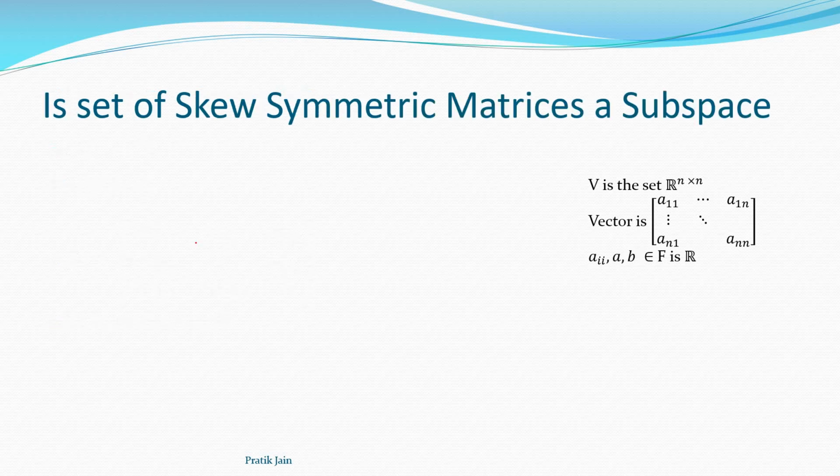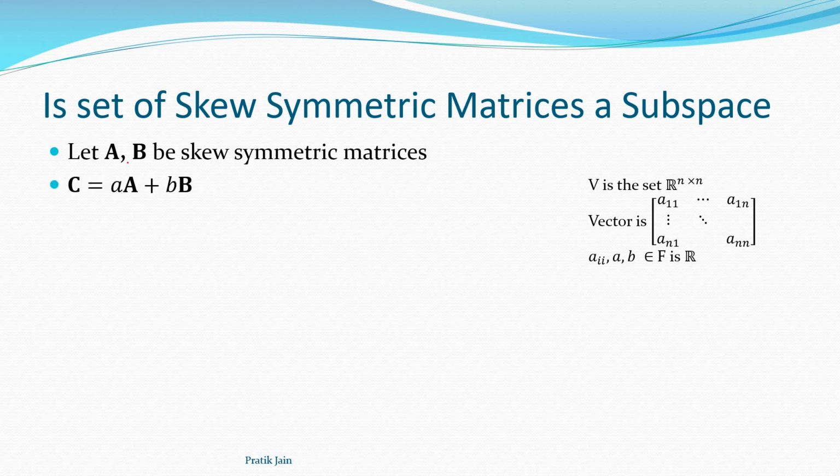Now, is it a subspace? Again, going through the same logic, say A and B are skew symmetric. So C, a new matrix, will be equal to small a into capital A plus small b into capital B, where a and b are scalars, right? And these two are skew symmetric. Now, is C skew symmetric?